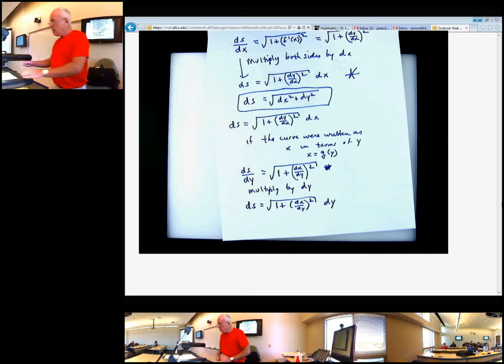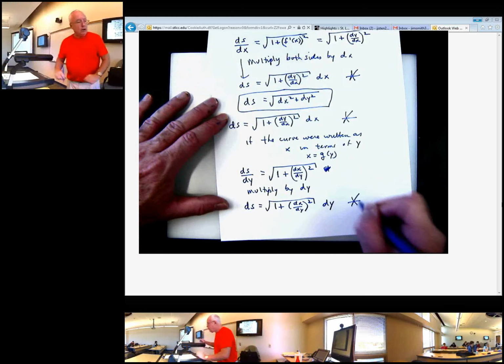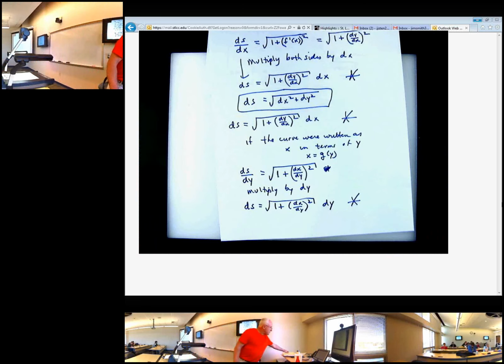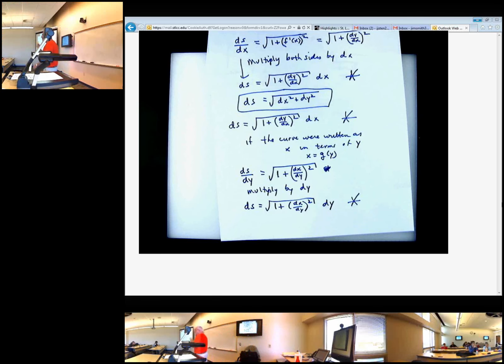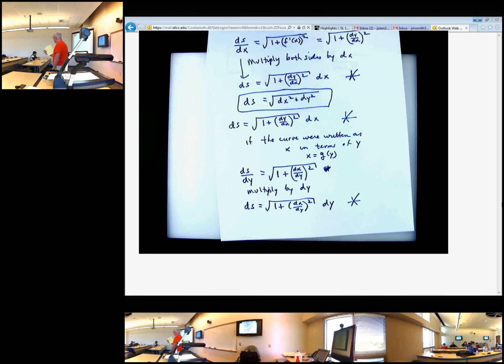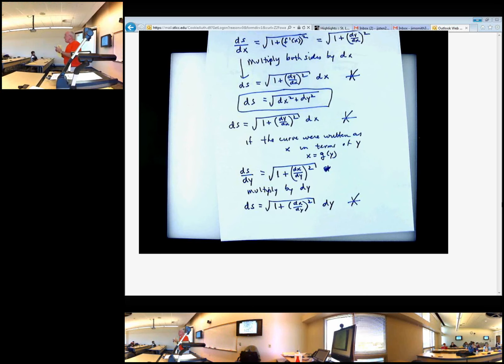All right. If you look here at this handout, although we certainly haven't gotten to this section yet, this area of surface of revolution, at the very top of it we have these two formulas for ds.